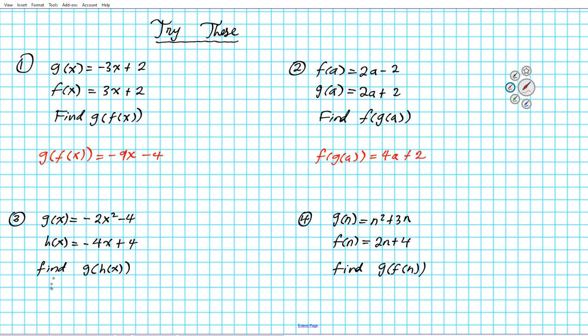And then for number 3, g of h of x is negative 32x squared plus 64x minus 36. And then the last but not the least, g of f of n equals 40n squared plus 22n plus 28.